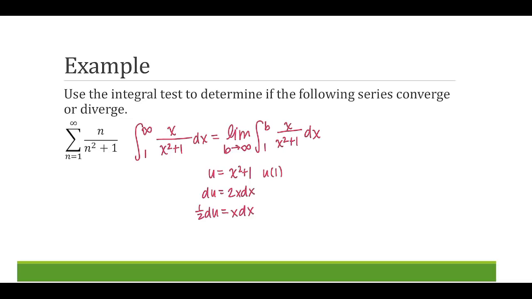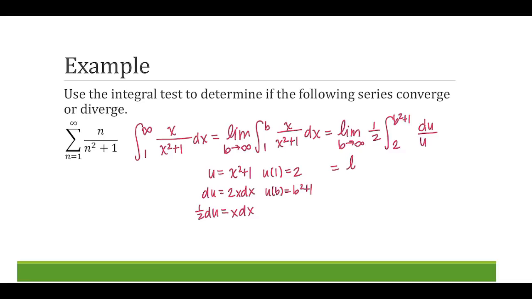And then we'll change our limits of integration. So u of 1, 1 squared plus 1, is 2. u of b is b squared plus 1. So we have the limit as b approaches infinity of 1/2 the integral from 2 to b squared plus 1 of du over u.